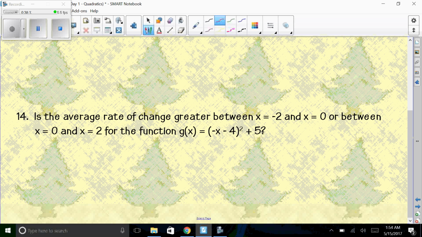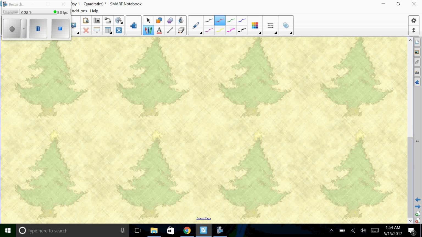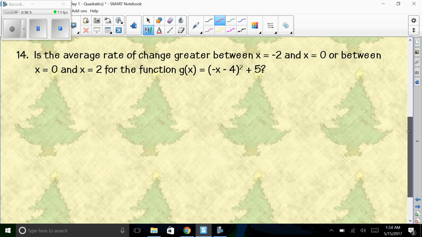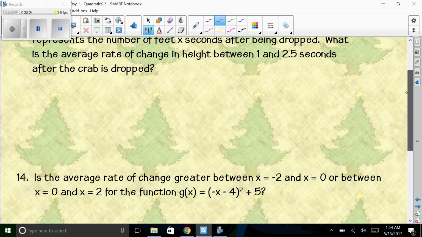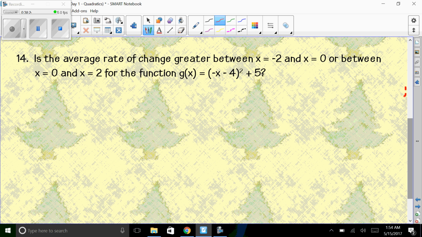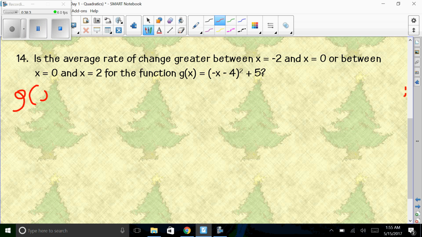Okay, so looking at this problem, next one, same concept. All right. It just said a little differently when x is negative 2 and x is 0. All right. So first, plug in 0 for x.